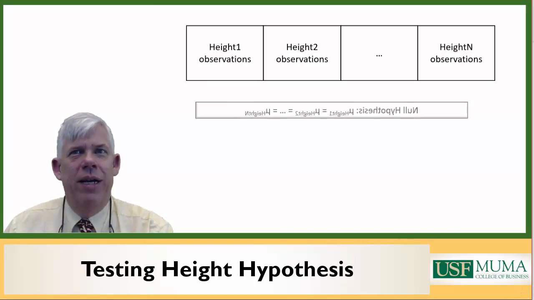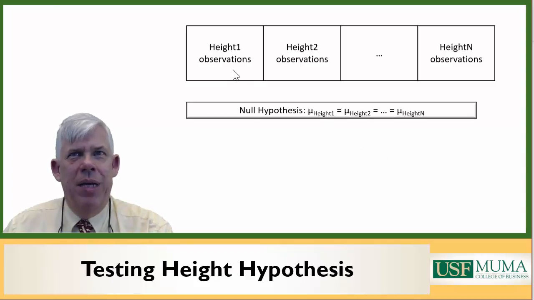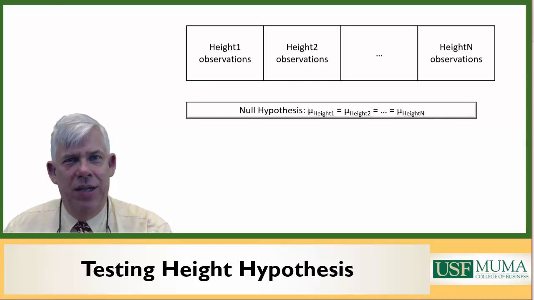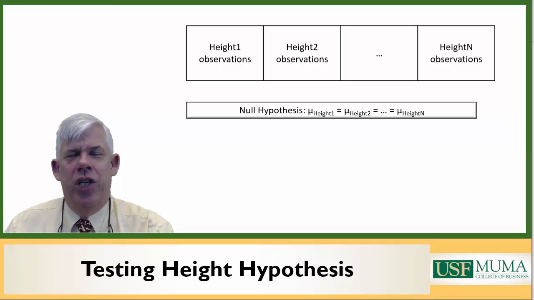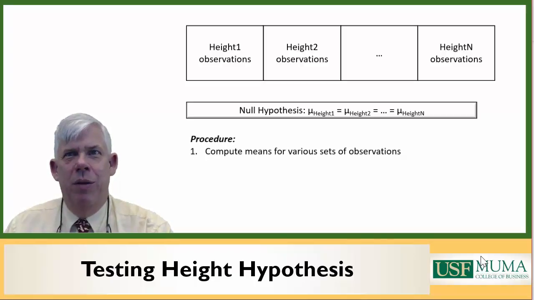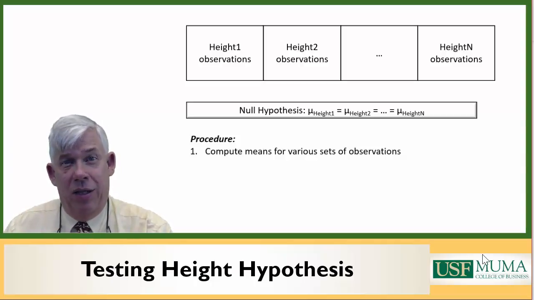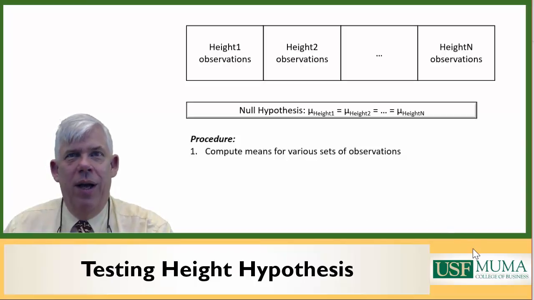What we're looking for is to test the hypothesis that the mean in all of our blocks is the same. That's the null hypothesis, and we want to reject it through our analysis. So the process that we follow is that we compute the means for different sets of observations and realize some of these blocks may have very few observations or no observations whatsoever.